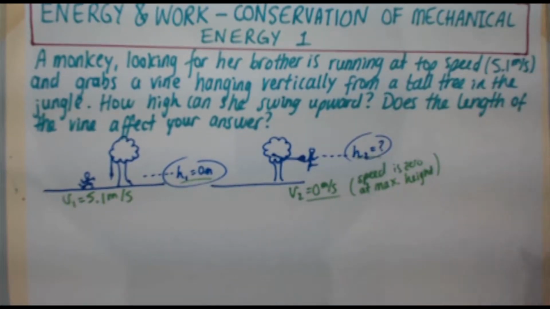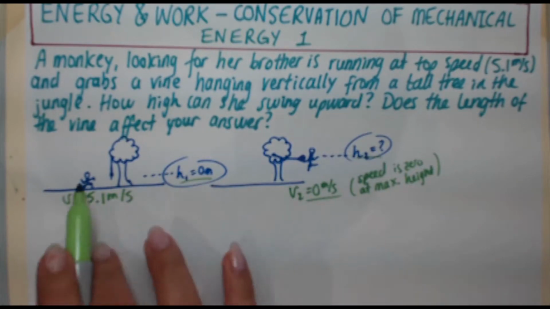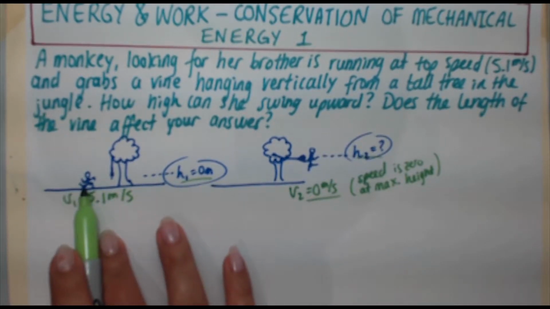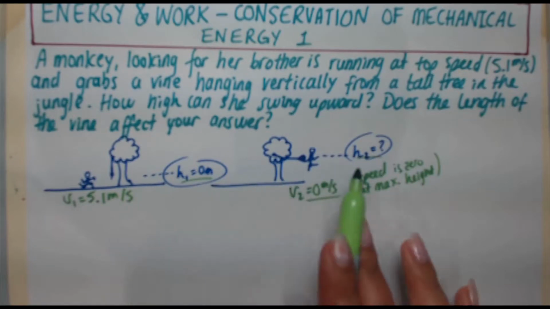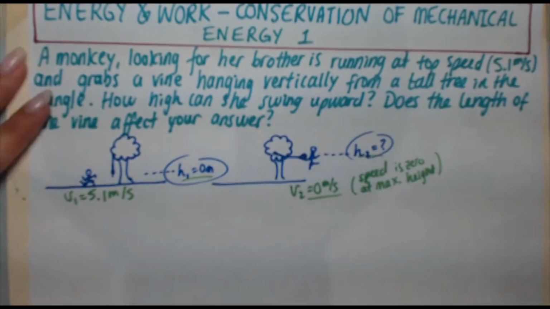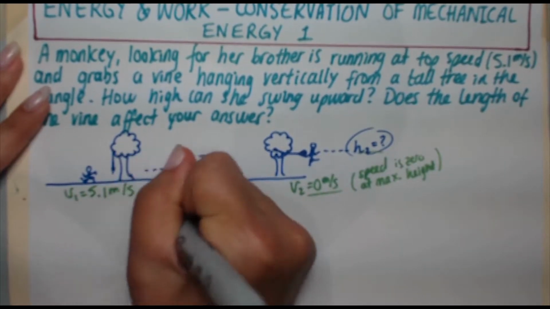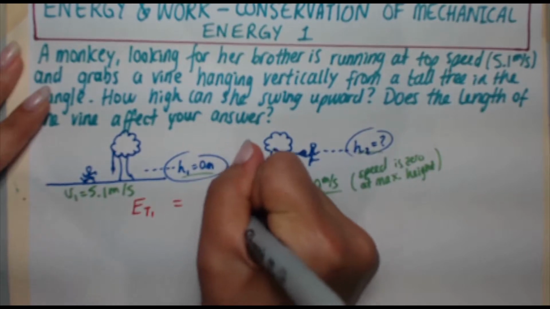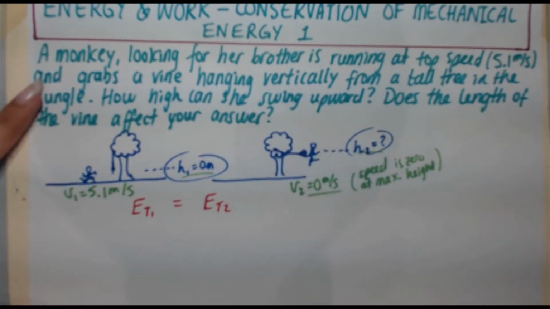Okay, so I'm going to use conservation of energy here because I see kinetic energy, gravitational potential, and how those two get interchanged. So let's do a conservation of energy. ET1 equals ET2. The two energies I'm dealing with here are gravitational potential and kinetic.